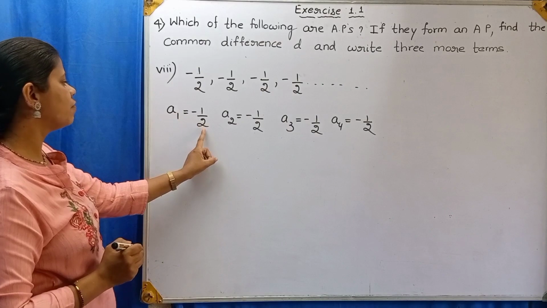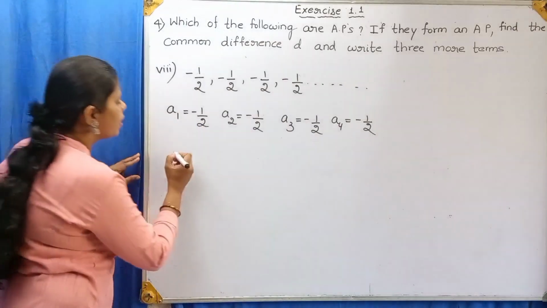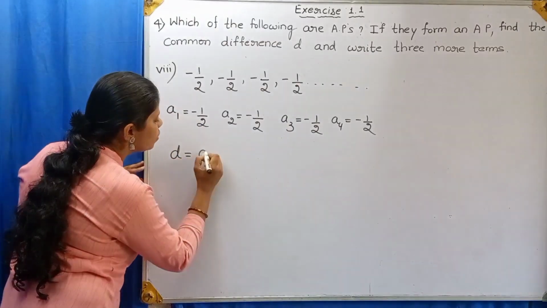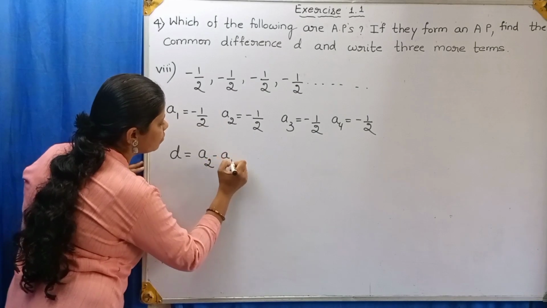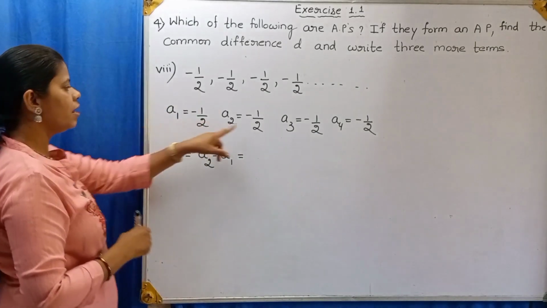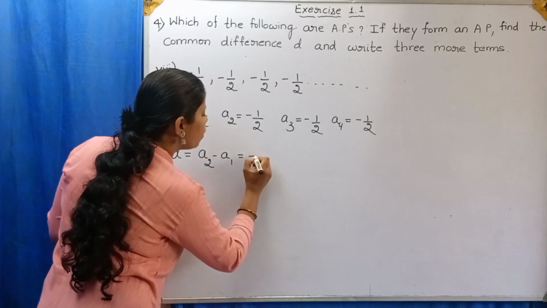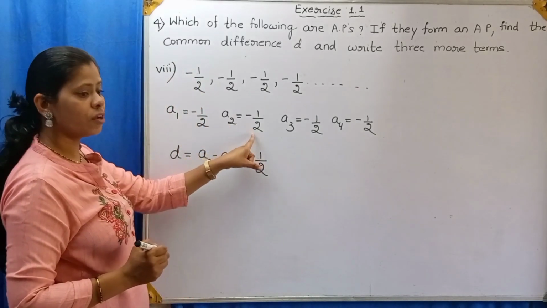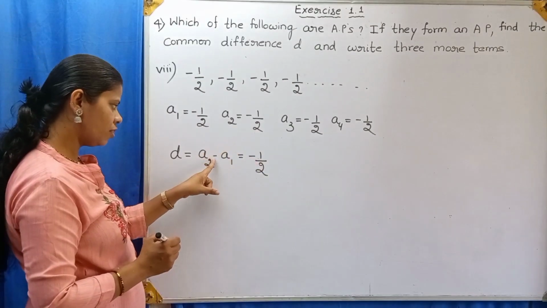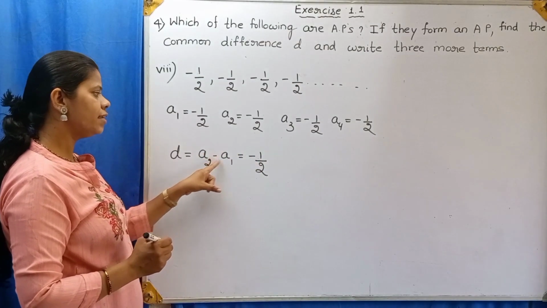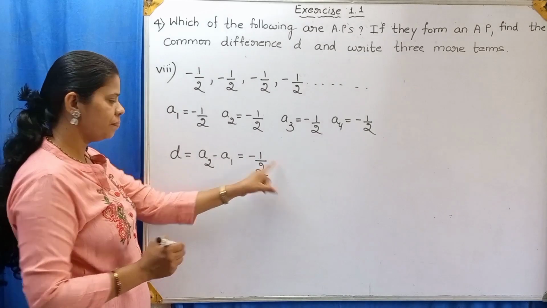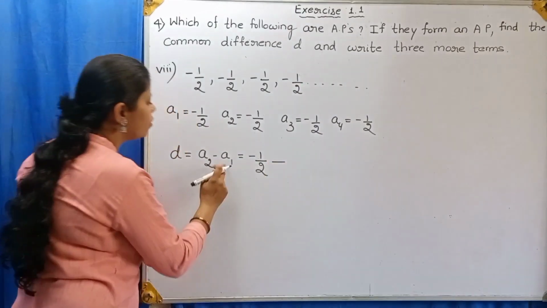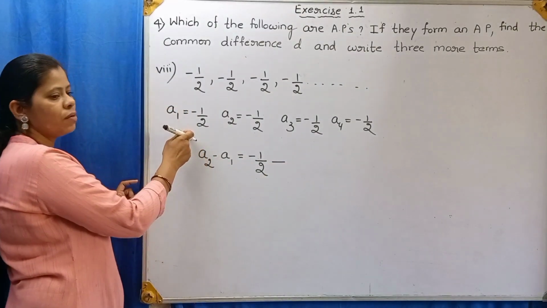First, let us find out the difference between these two. That is, D is equal to A2 minus A1. See here, A2 is minus 1 by 2. See carefully. A2 is minus 1 by 2. Then, for this minus sign, let me write minus. Okay. Then A1. A1 is minus 1 by 2.